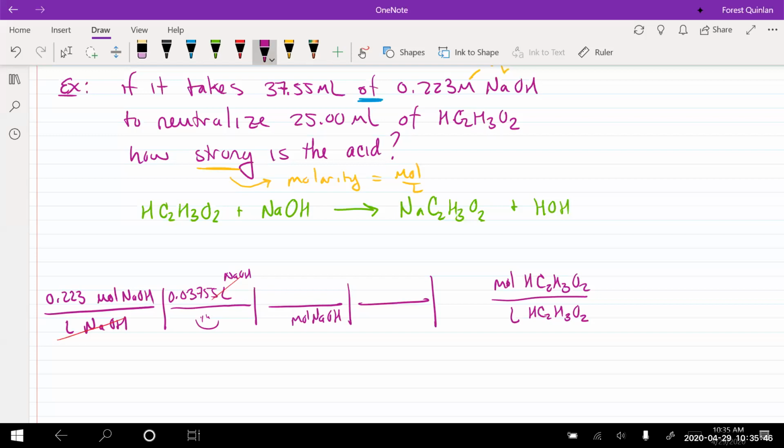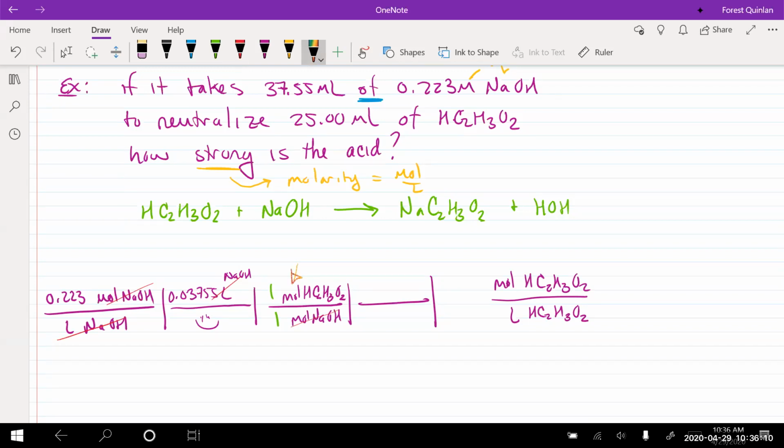So we're going to put that up as moles of HC2H3O2. And of course, we're going to our chemical equation there. And I already said it's going to be a 1-to-1 by the balanced equation. So what we've done there is now we've gotten rid of those moles. And look, we've gone from molarity to mole to mole.